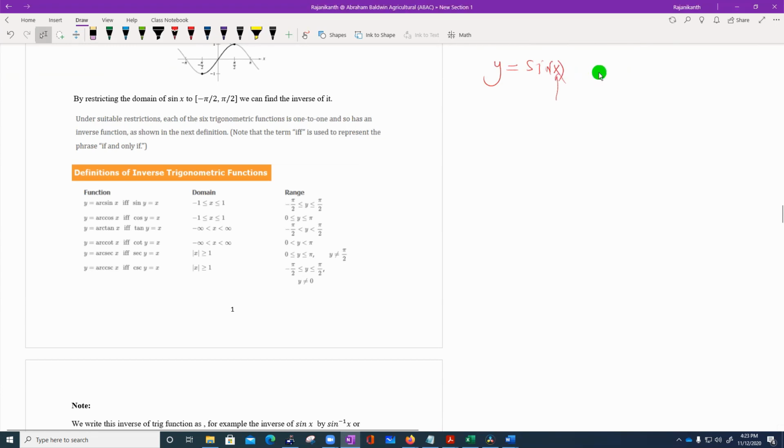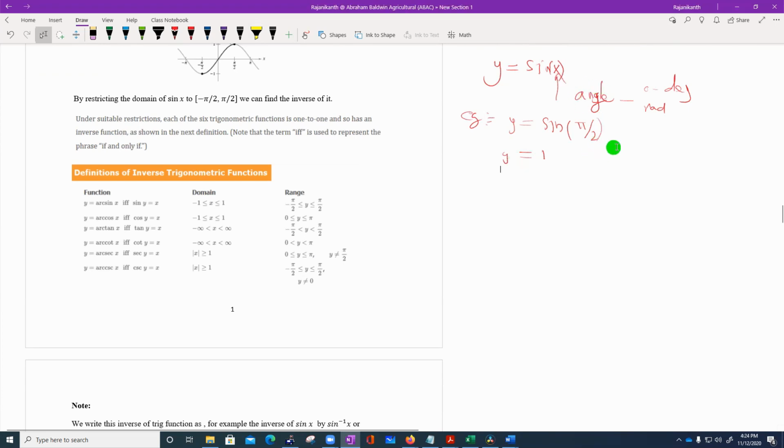This domain, normally we have an angle, so you could use either degrees or radians. For example, if you want to find sine of pi over 2, we know this is in radians, basically 90 degrees. So you will get the answer, which is 1. So the range is y and the domain is x.